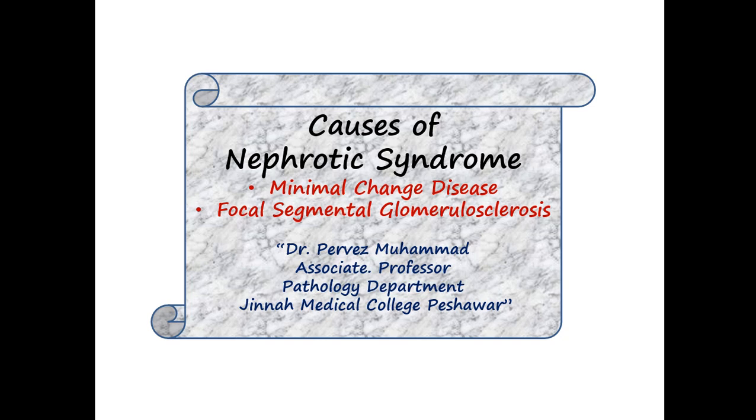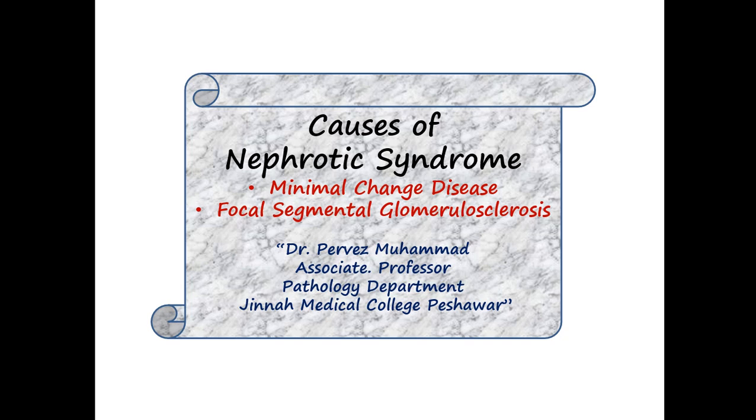There are many diseases that can give rise and present as nephrotic syndrome, and today we will discuss various diseases that cause nephrotic syndrome, and we will discuss in today's lecture the minimal change disease, which is also known as nil disease because there is a very minimum damage in the glomerulus that gives rise to proteinuria.